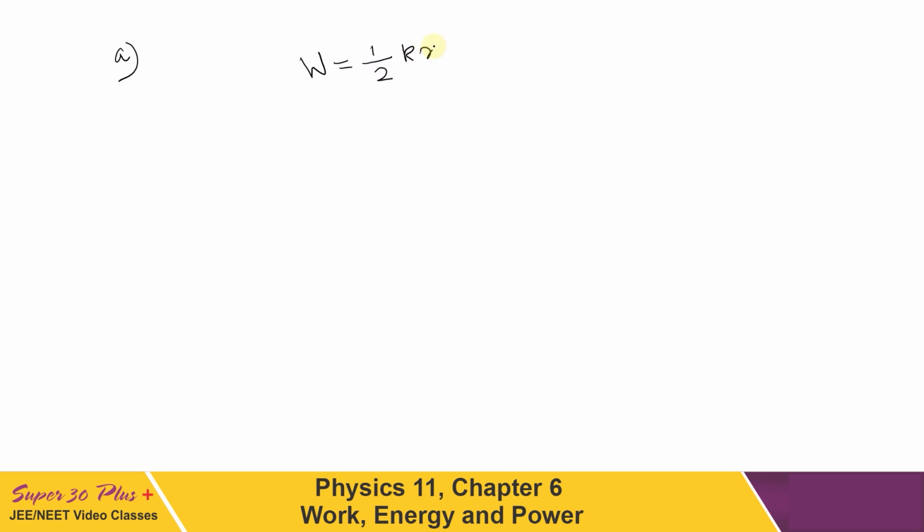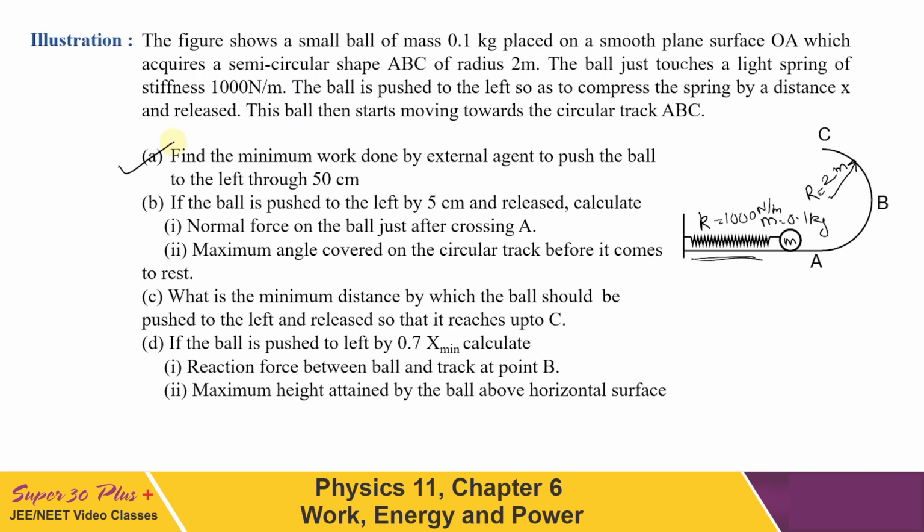This is the minimum work required, and if we substitute the numerical values, it will be half into 1000, and as it is pushed by 50 centimeter, we write 50 upon 100 square, which is equal to 125 joule. So this is the minimum amount of work asked. This is our first part completed.